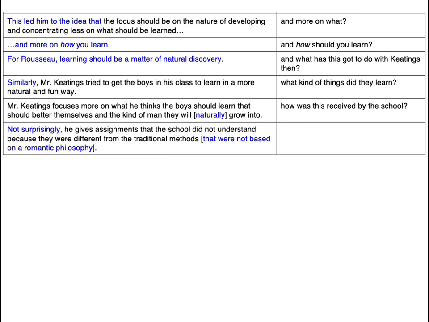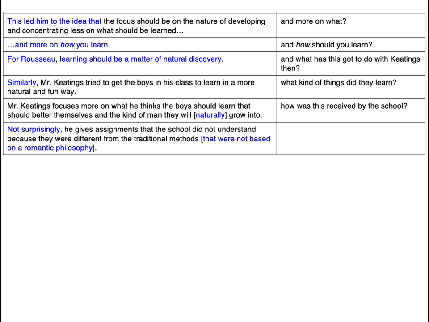And more on what? And more on how you learn. Okay, and how should you learn? Well, for Rousseau, learning should be a matter of natural discovery. And what has this got to do with Keatings then? Well, similarly, Mr. Keatings tried to get the boys in his class to learn in a more natural and fun way. And what kind of things do they learn? Well, Mr.